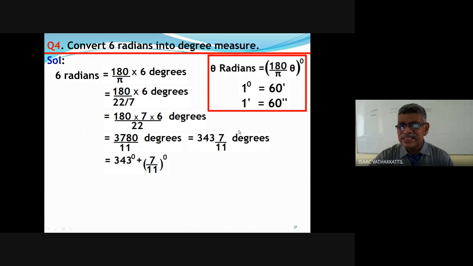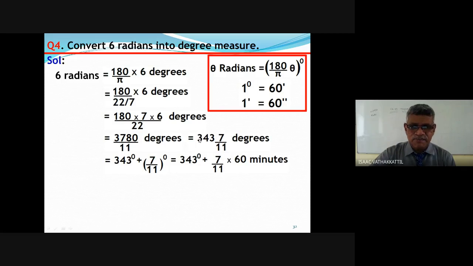Is it clear? 1 degree is 60 minutes, so 7 by 11 degrees is 7 by 11 into 60 minutes.